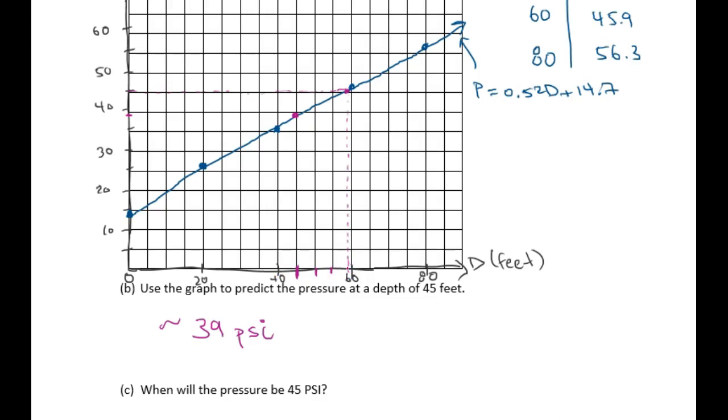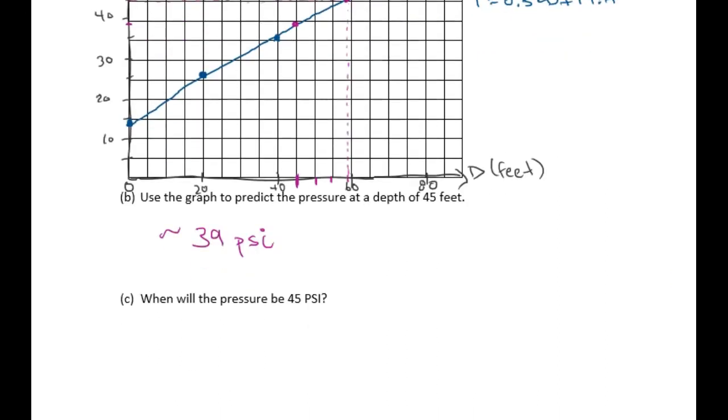We're pretty close up there, so maybe I'm going to say 58-ish. Using a graphical model tends to give us a bit of a guesstimate about where our other values could potentially be based on the model that we created.